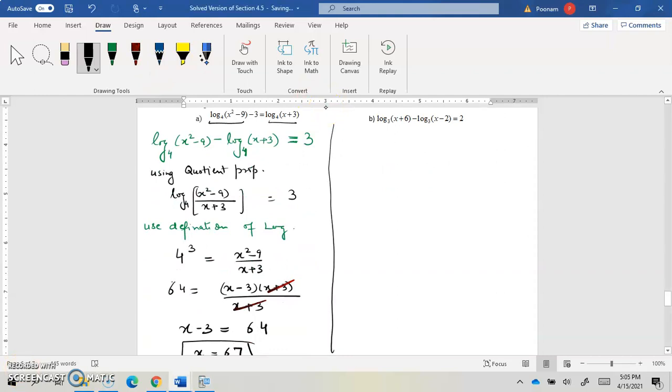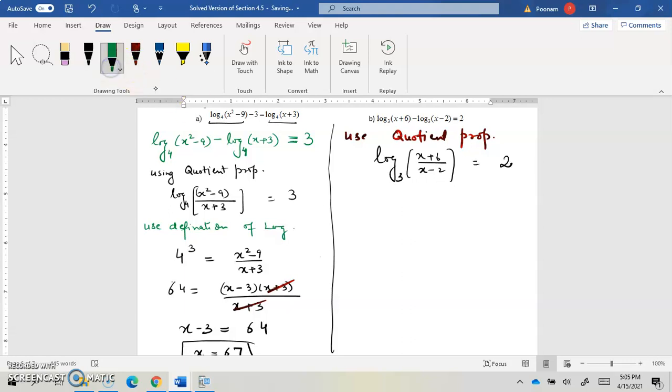Let's look at part B. Log of x plus 6 base 3 minus log of x minus 2 with base 3 is equal to 2. So first step, I can use the quotient property, and this left hand side will become log of x plus 6 divided by x minus 2, the base is 3, is equal to 2.